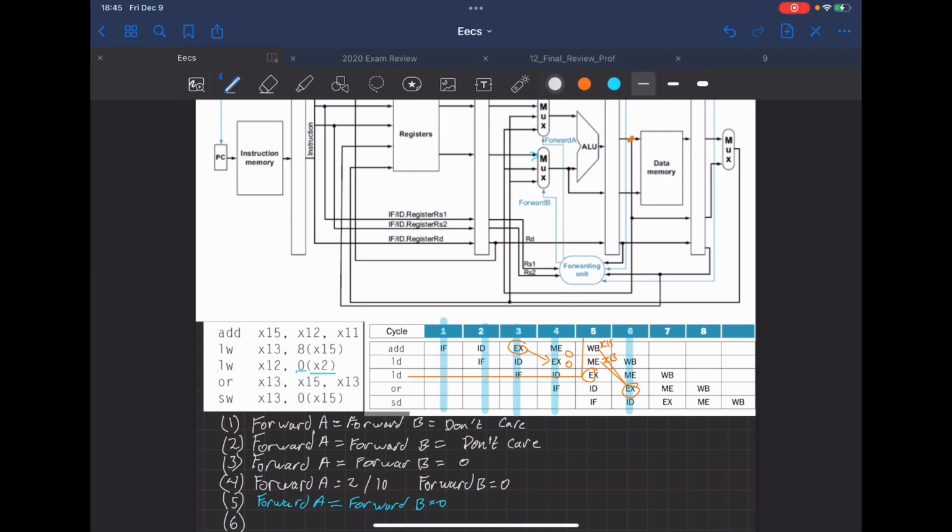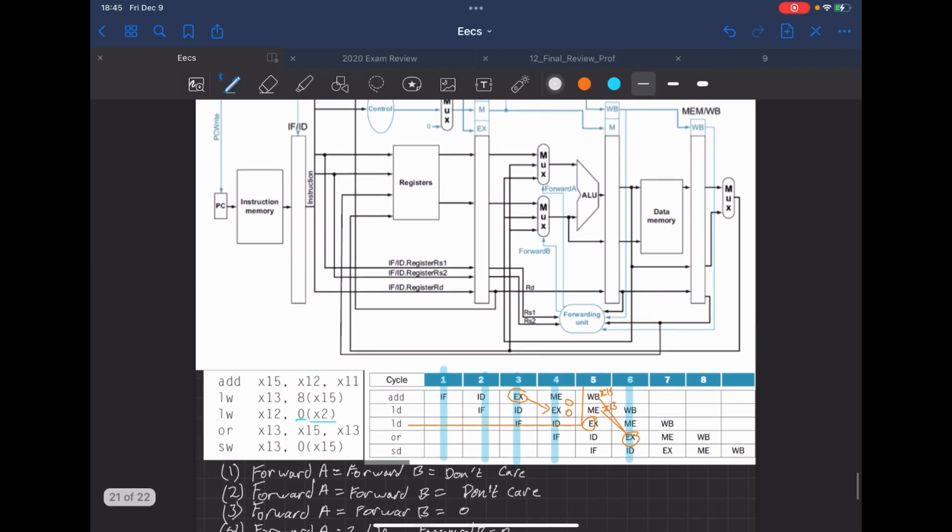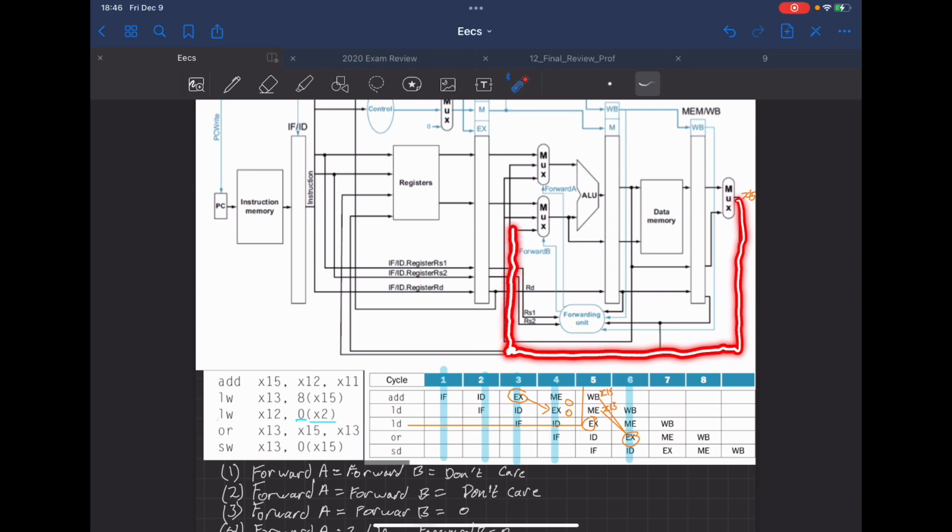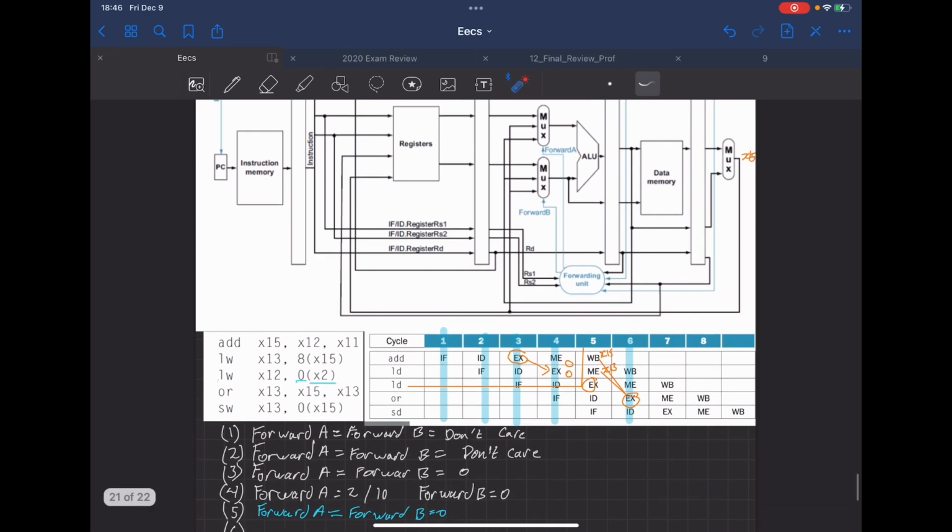Let me just erase all of this, right? So x15 is here. Okay, and we want access to this, so we can go ahead and follow the line. We go to this junction. Once we're at that junction, we can go up, and we can notice that we can get access to it for the second mux.